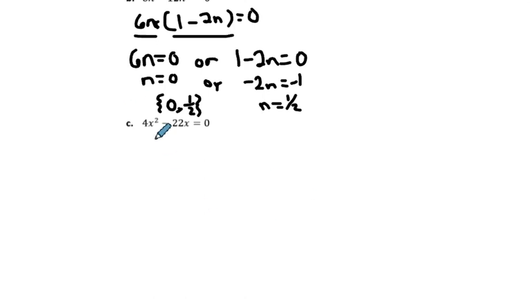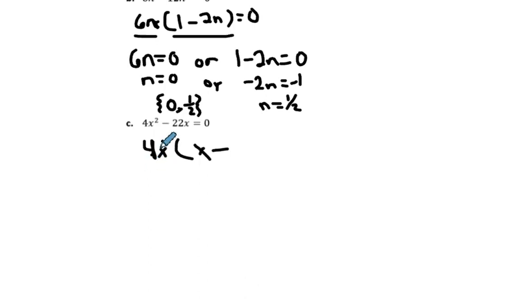All right, going on to part C. So on your test, some of you tried to factor out a 4 on this one, and this is actually incorrect. If you factor out a 4x, what you'd end up with is an x minus 22 divided by 4. Now, is 22 divided by 4 an integer, a whole number? And the answer to that is no. So 22 is not divisible by 4.